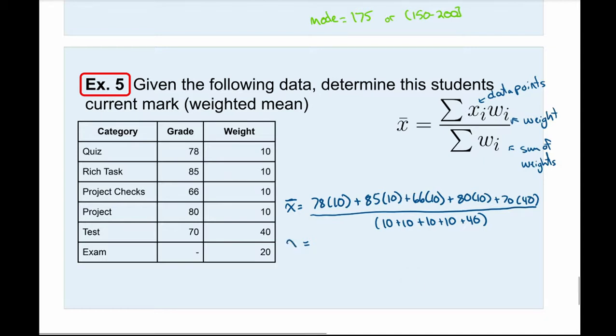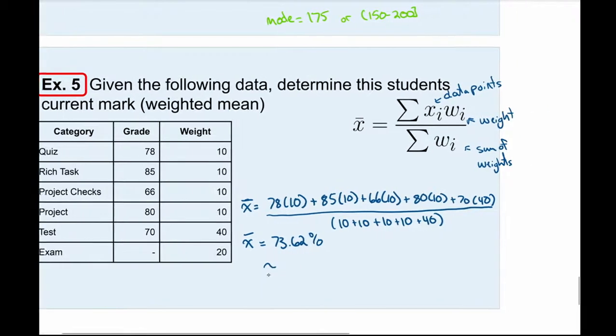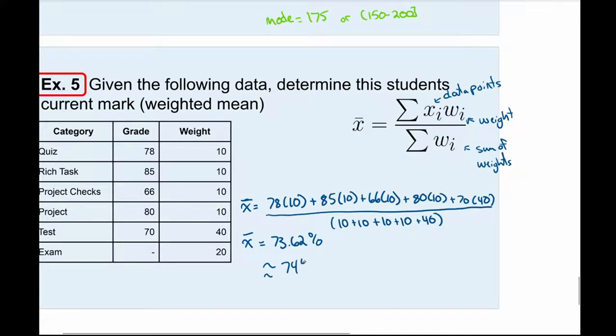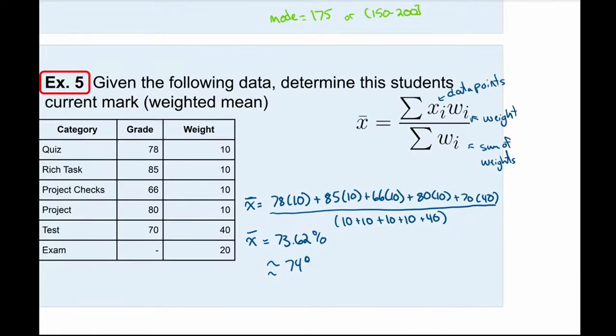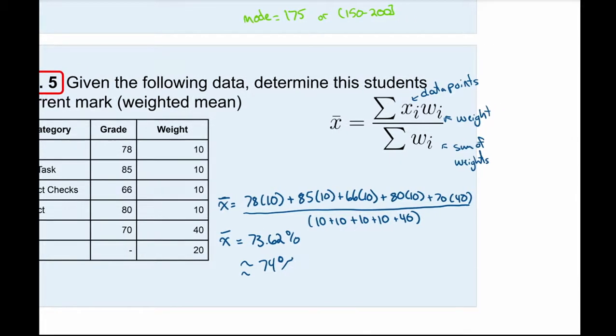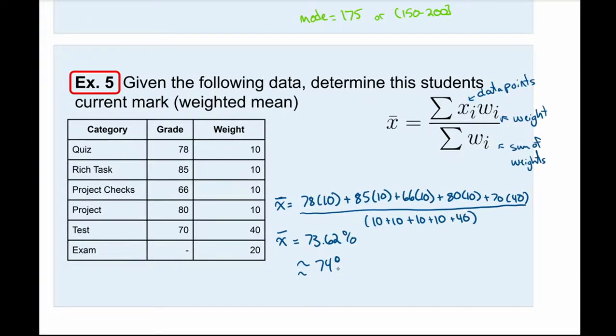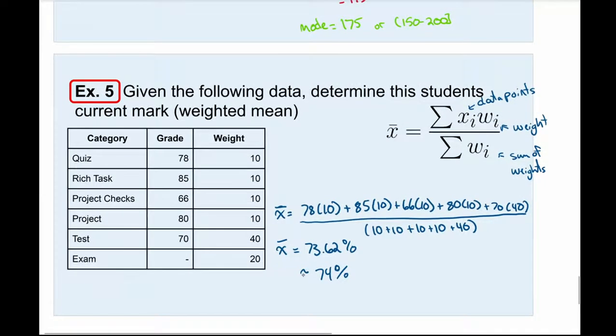When I add up all my parts and divide, I should get 73.62%, or you could argue 74%. So their current mark is 74%, because that is factoring in the different weights.